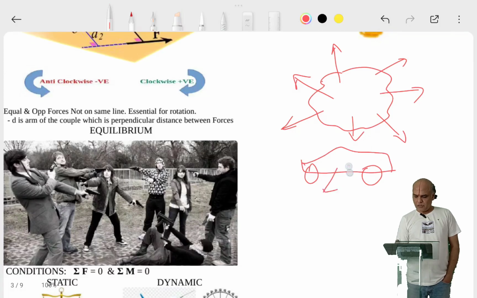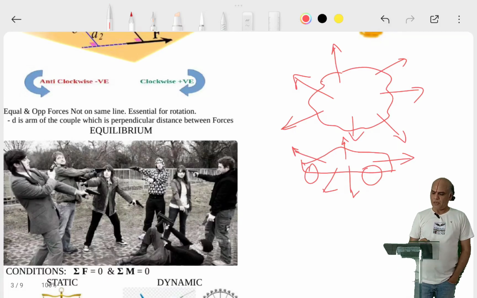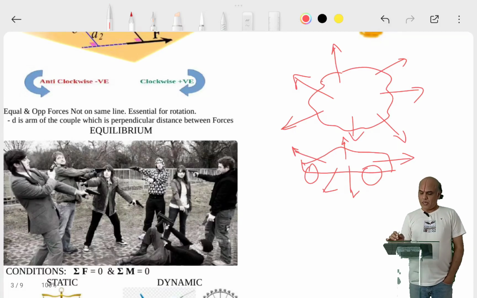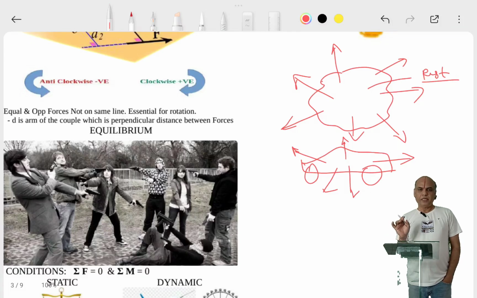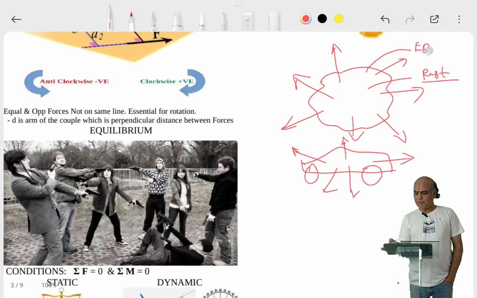Likewise here also, a set of forces is acting. If under the action of all these forces, because this body is at rest, it continues to be in the state of rest, then this body is said to be in equilibrium.